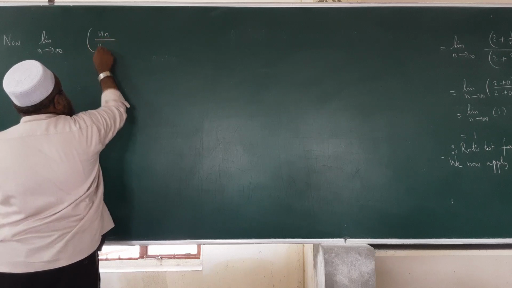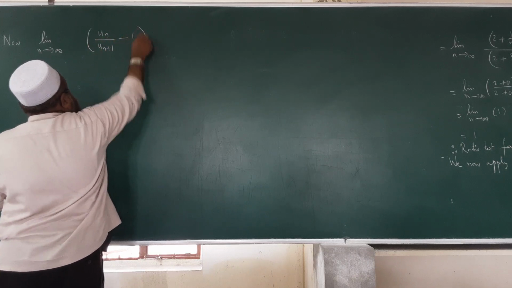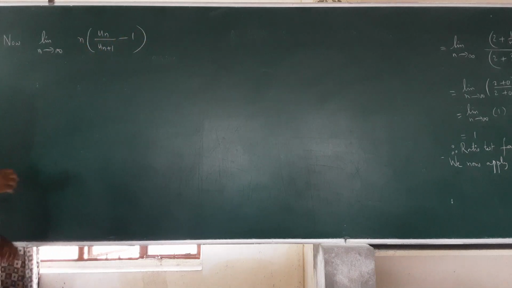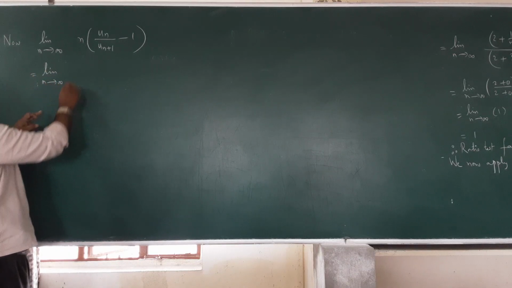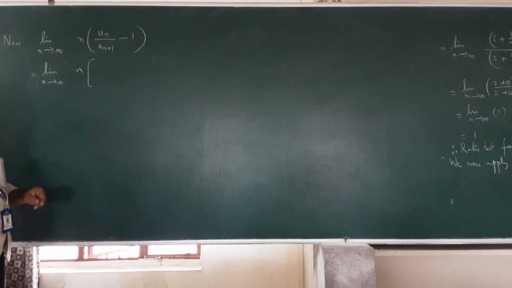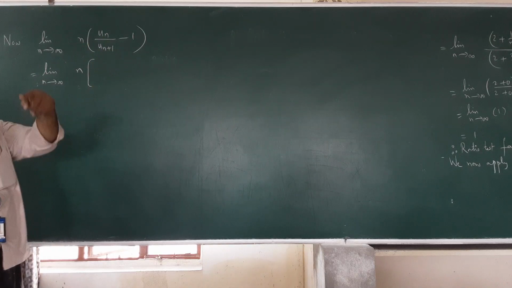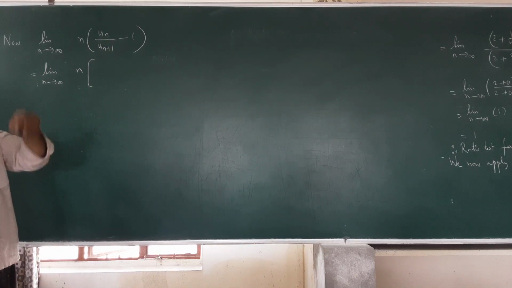Un by un plus 1 minus 1, n. That's equal to limit n tends to infinity, n into, what is un by un plus 1? I think it is 2n plus 2 by 2n plus 1.